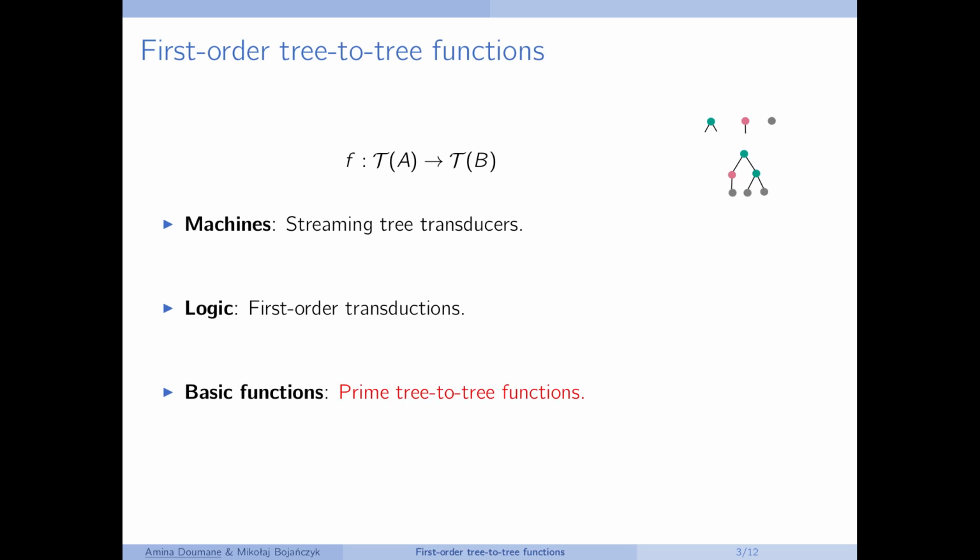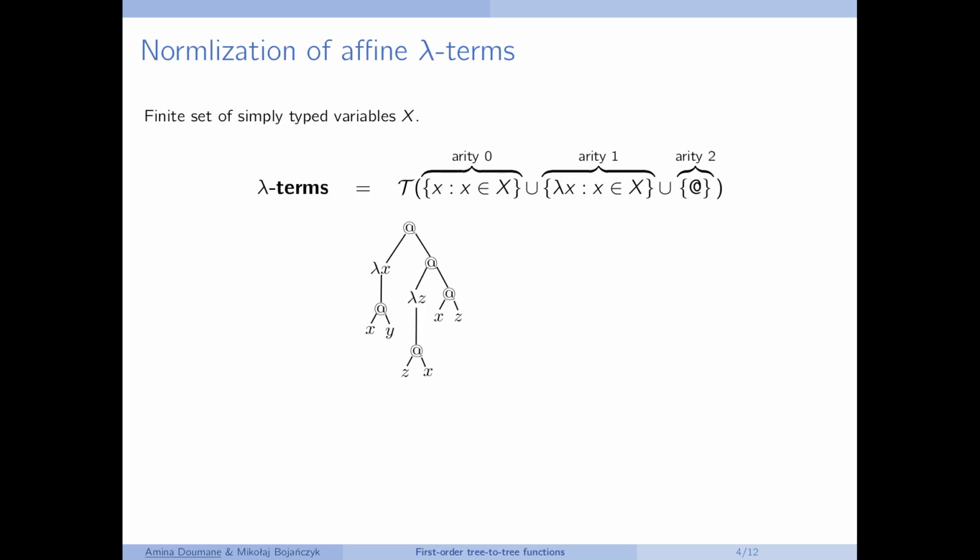We baptized our basic functions prime tree-to-tree functions. But before presenting them, let me give you an example of a first-order transduction. So here, this example is based on lambda terms, which can be seen as trees over a ranked alphabet.